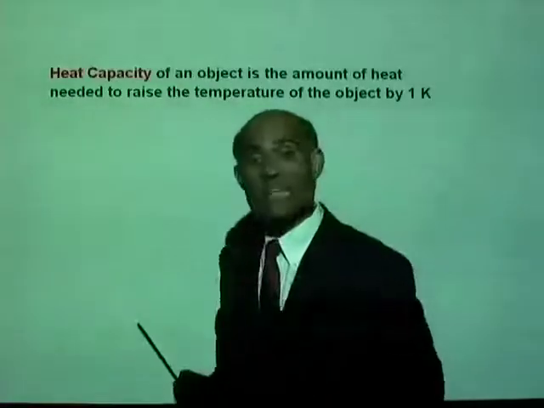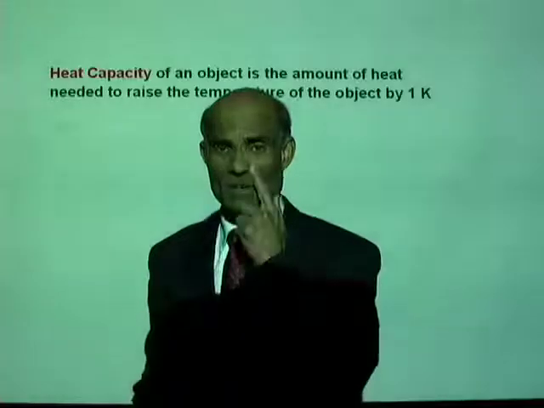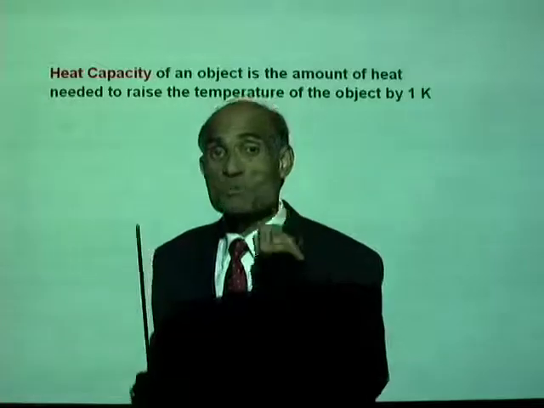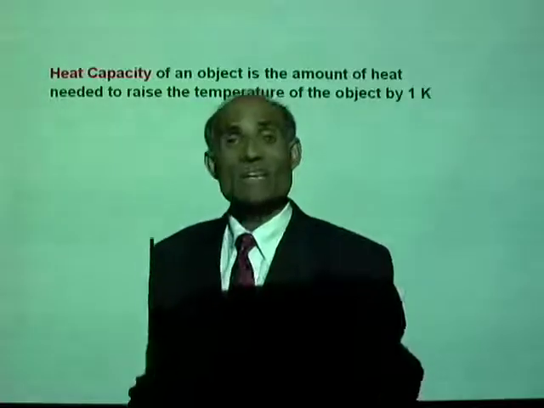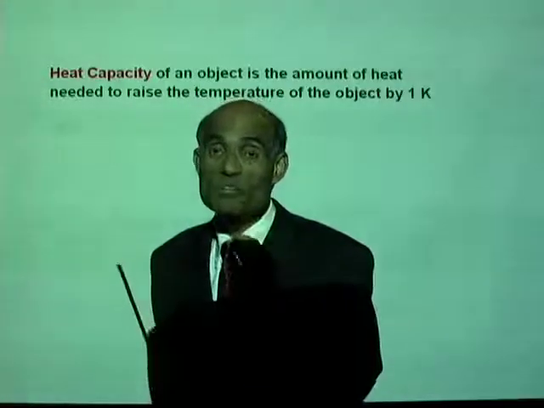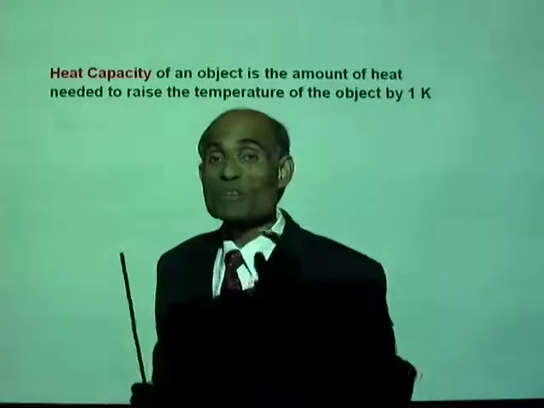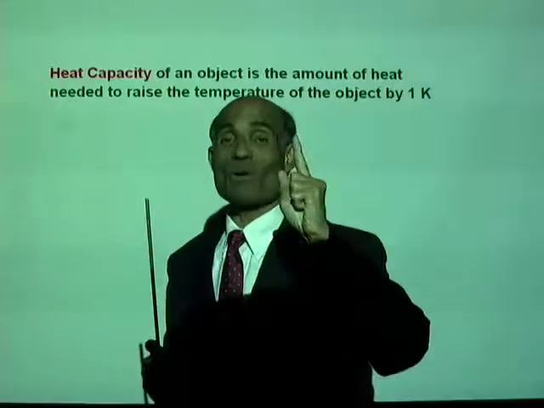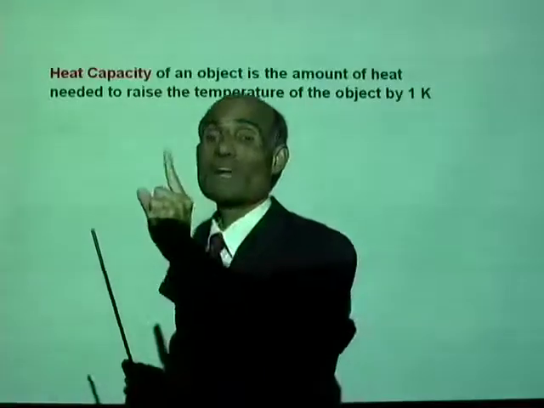Let's now talk about heat capacity. What is the distinction between specific heat and heat capacity? Remember, specific heat means the amount of heat needed to raise 1 kilogram of the substance by 1 Kelvin.